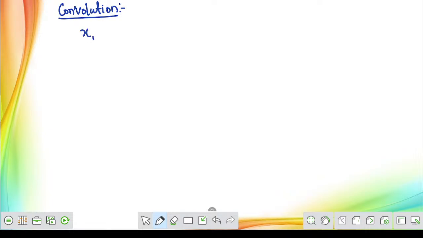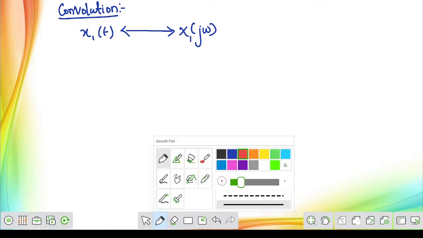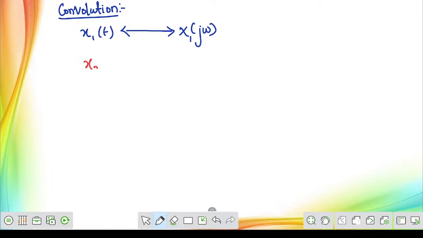They will be mixing. For example, if I have a signal x1 of t, its corresponding Fourier transform I can consider x1 of j omega. Let us assume I also have one more signal x2 of t, and its corresponding Fourier transform is, as usual, x2 of j omega.